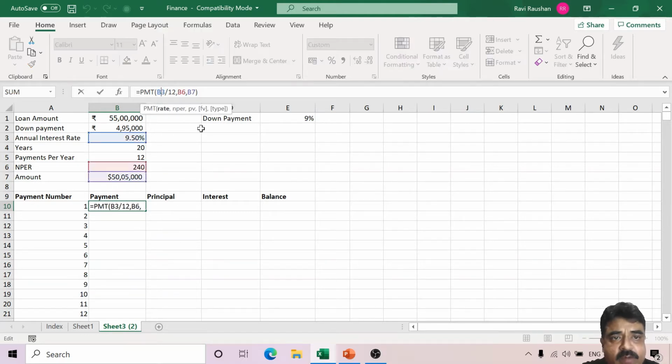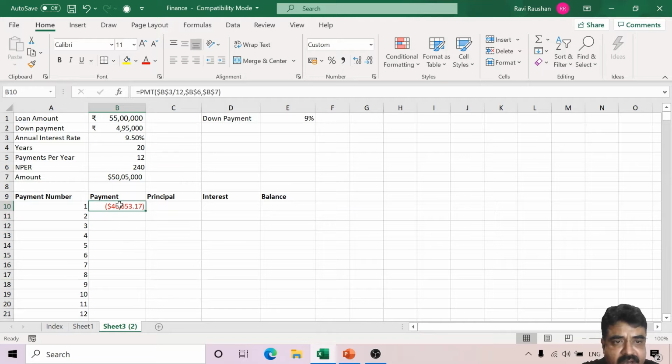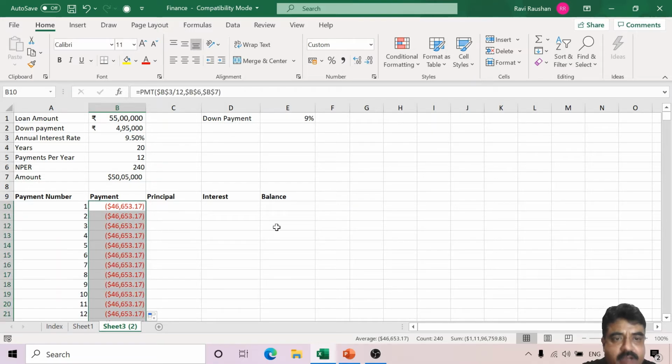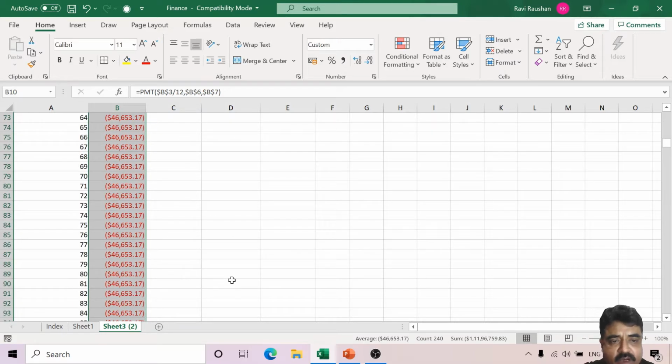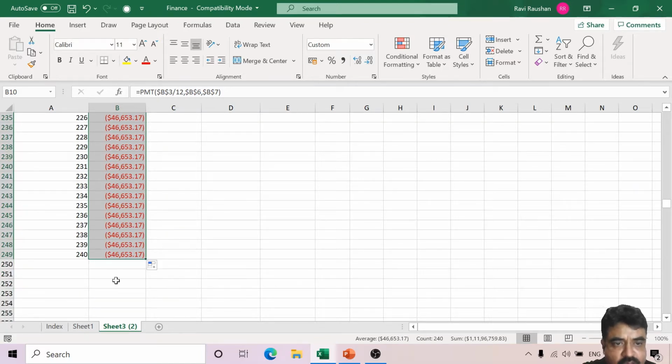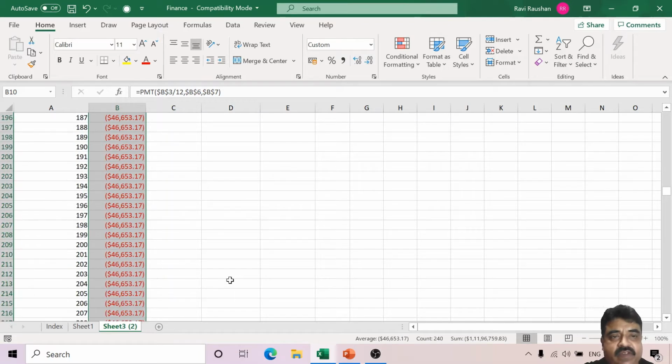Because I have to drag it down, I'm converting them into absolute references by placing dollars, using F4. Once it is done, I can simply drag the payment, because these 240 payments I'll have to make. These are all negative values because these are going out. So this has gone up to the last payment. I am making 240 installments, which amounts to 46,653.